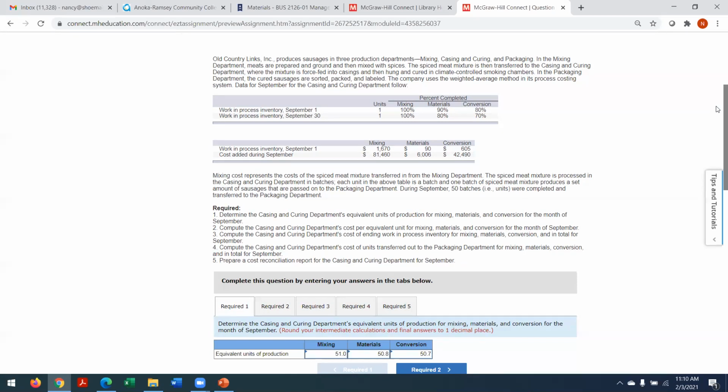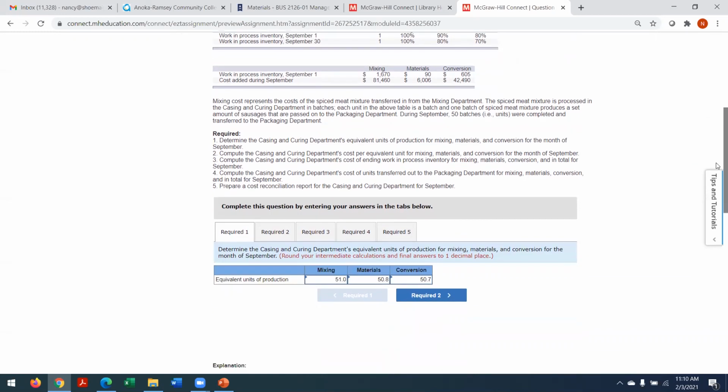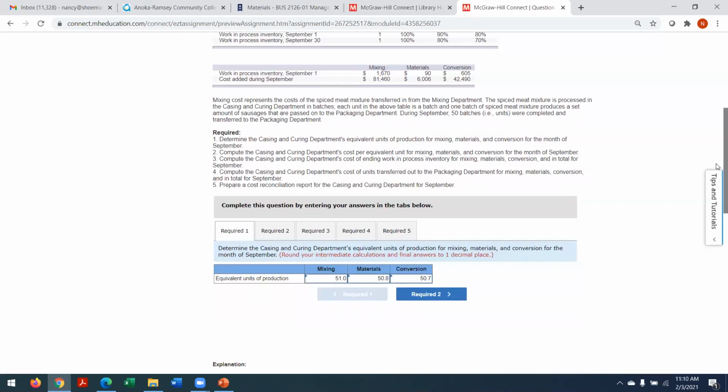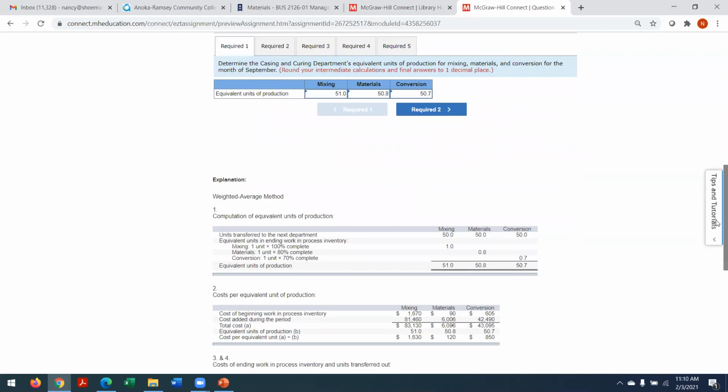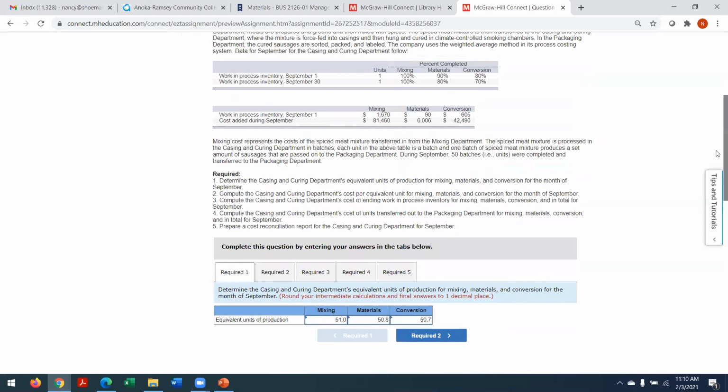So the first thing we're going to do is determine the casing and curing department's equivalent units of production for mixing, materials, and conversion for the month of September. Let's just look at one thing first. Here's how we're going to figure it out.